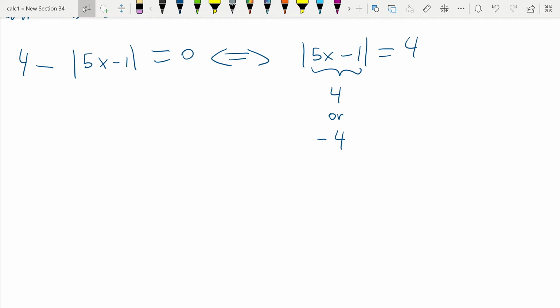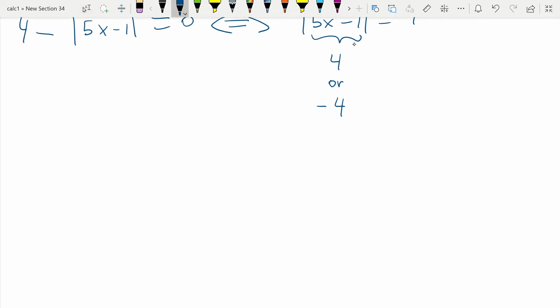So let's look at the first one. The first option is 5x minus 1 being equal to 4, which implies that 5x is equal to 5, which implies that x is equal to 1.